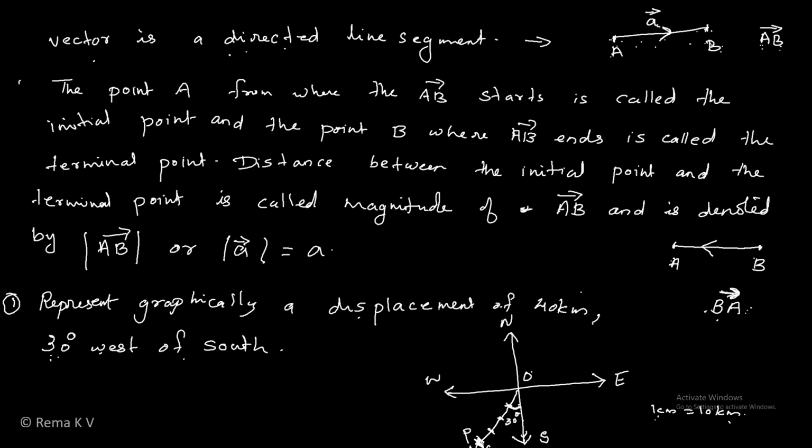We reach this P. OP represents the required vector. Is it clear?